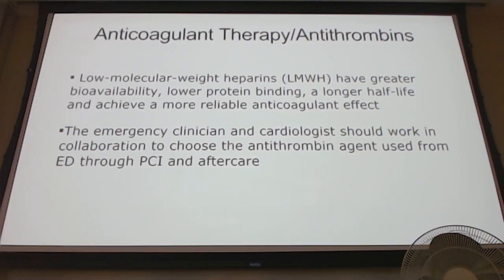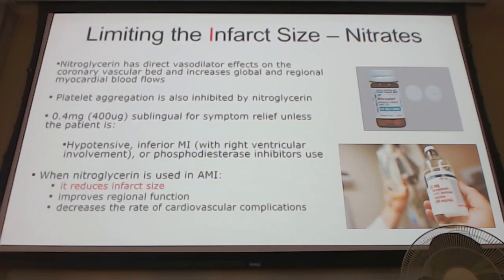So if your facility recommends this for the patients, then that would be something you talk with the cardiologist about, and they may say, no, we use low molecular weight heparin, or Lovenox is the brand name. And then we want to limit that infarct size with our nitroglycerin or vasodilators. These are helpful to increase myocardial blood flow, and they can help limit the size of that infarction.